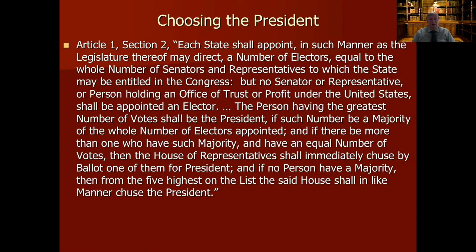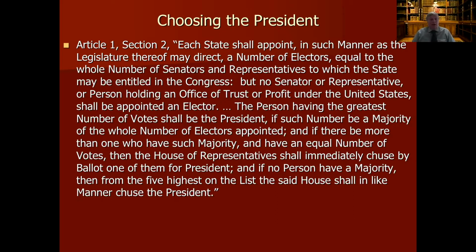Second concerns the word majority here. If such number be a majority of the whole number of electors appointed, but if there is more than one who have such majority and have an equal number of votes, then the House shall immediately choose by ballot one of them for president. And if no person have a majority, that is, if somebody has a plurality but no majority, then from the 5 highest on the list, the said House shall in like manner choose the president.